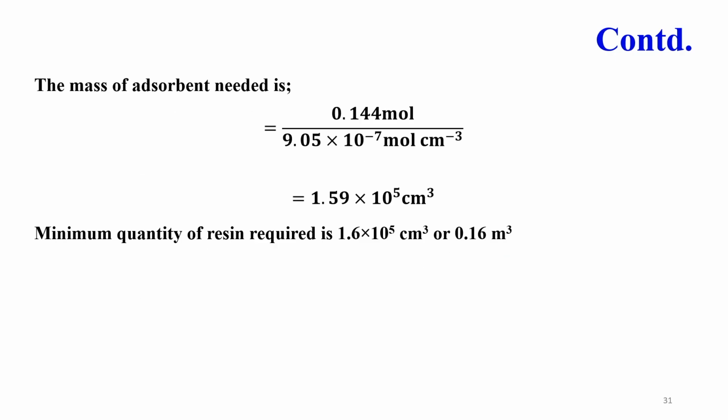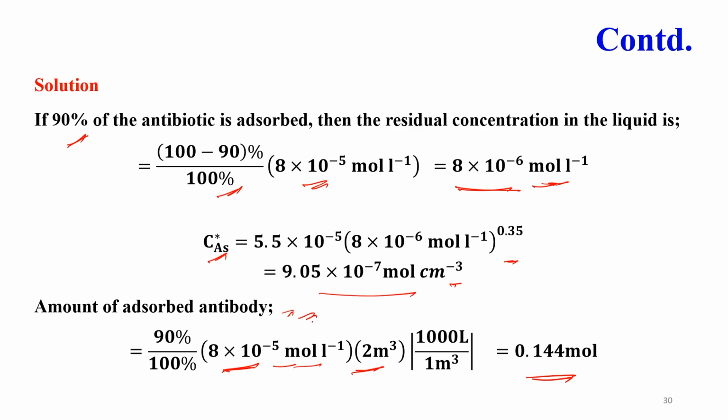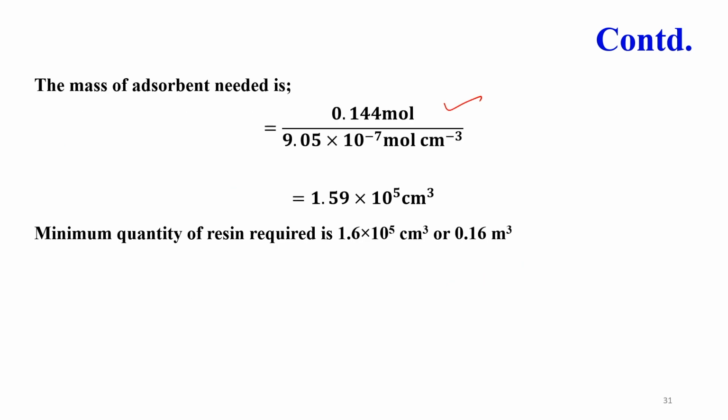Now, we have to calculate how much volume of resin is required. This is the amount of adsorbed antibody, and this is the adsorption capacity of the resin. If you divide by this equilibrium adsorption capacity, the material required will be 1.6 × 10^5 cubic centimeter, or 0.16 cubic meter.